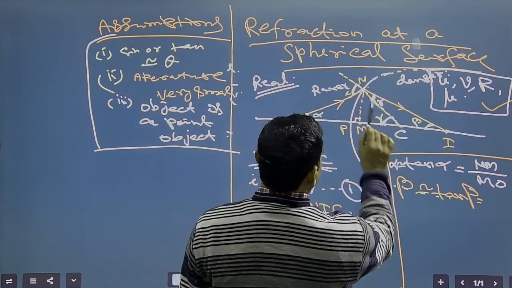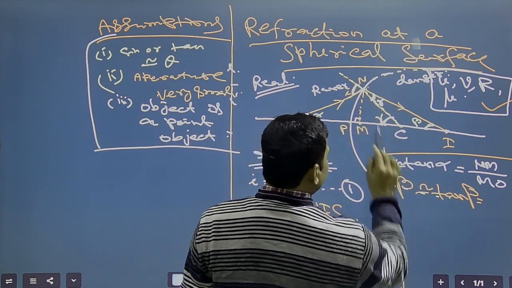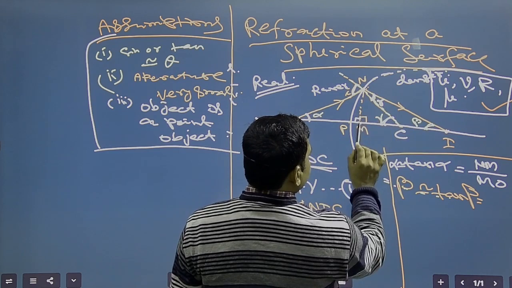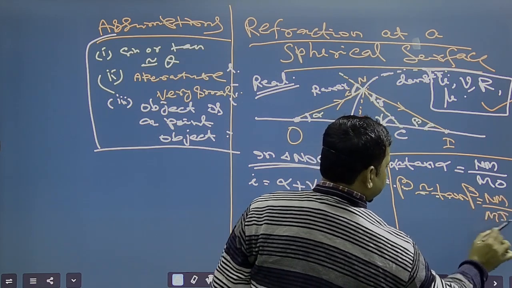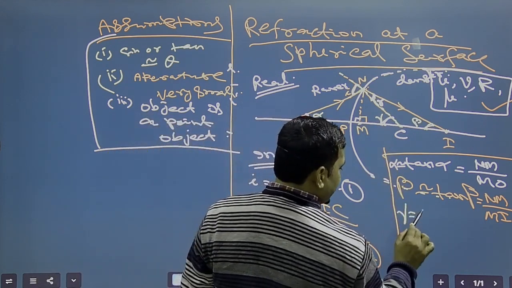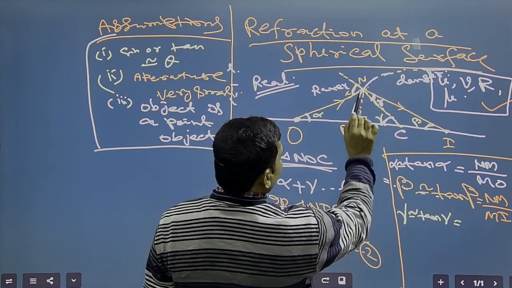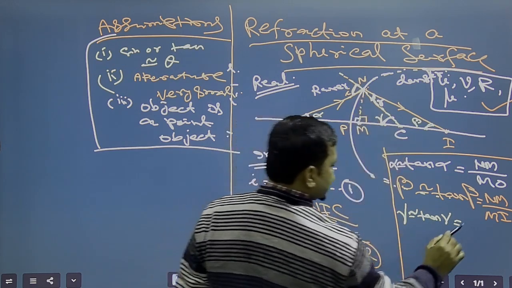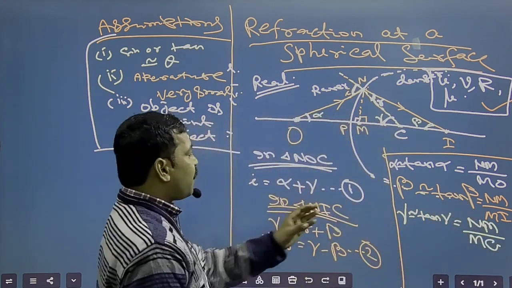Now we have to consider the triangle NMI. In triangle NMI, this is 90 degrees, so perpendicular by base, NM upon MI. Similarly, we can find the value of gamma, which is approximately tan gamma. For this we consider the triangle NMC. In this triangle, this will be NM upon MC. By this, we have already found the value of alpha, beta, gamma.